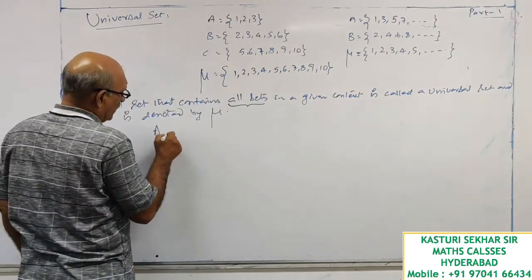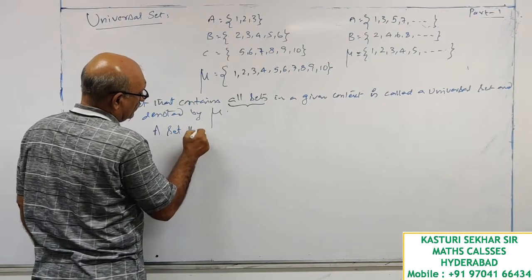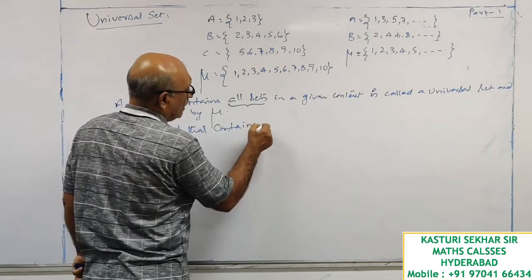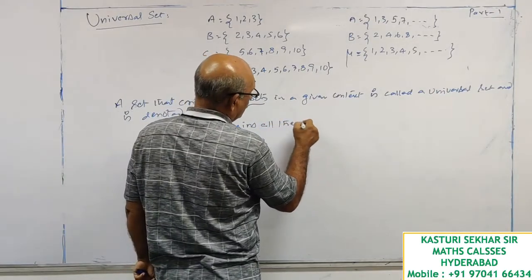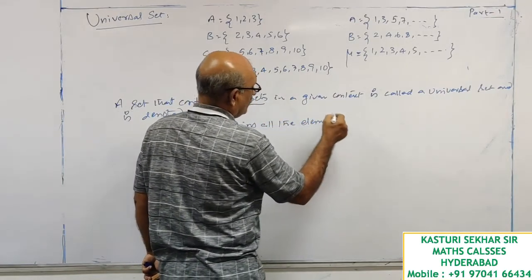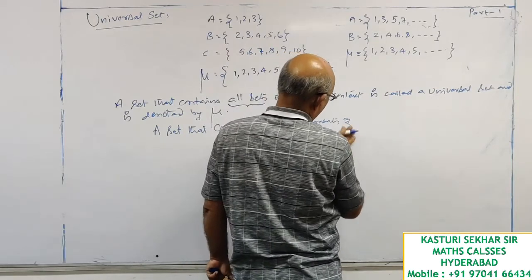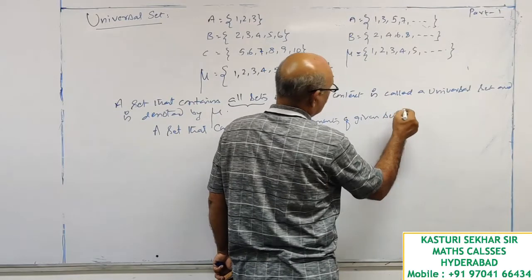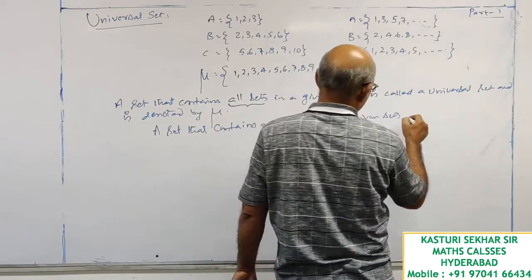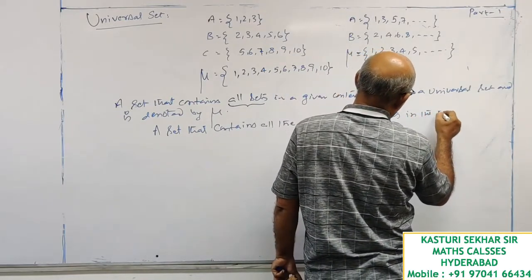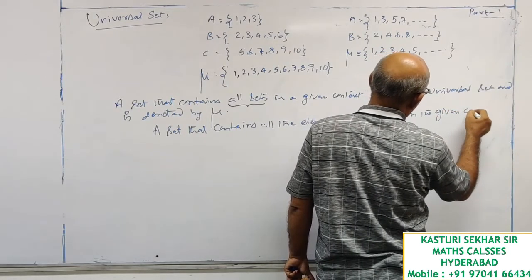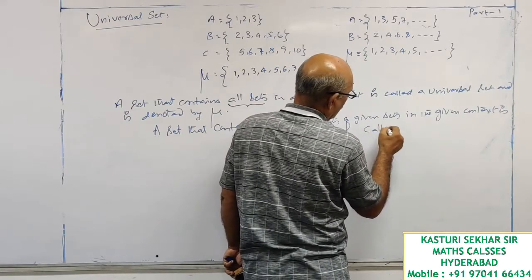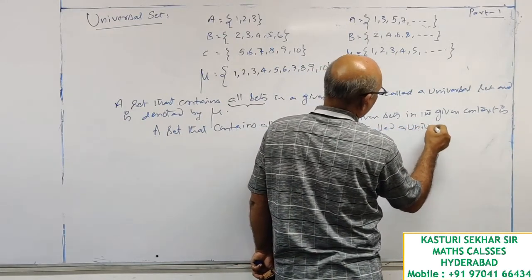Or you can define this as: a set that contains all the elements of given sets in the given context is called a universal set.